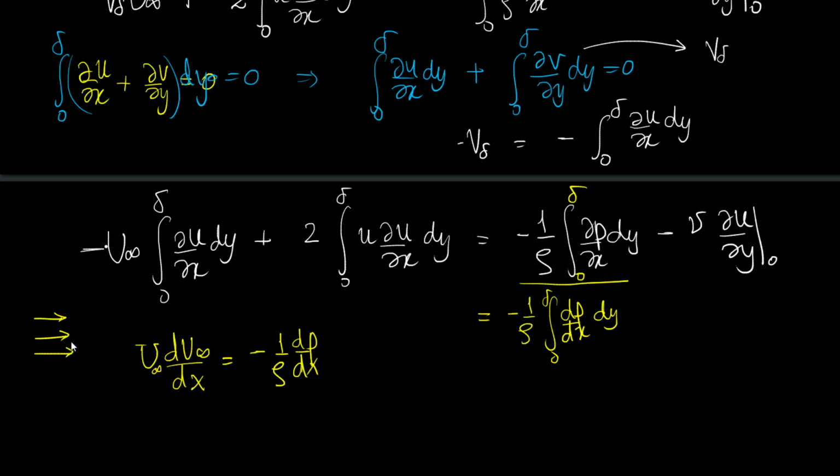It can vary in x, but the ideal flow outside the boundary layer is unidirectional. If it is not unidirectional, that would lead to a v infinity component as well, but we are taking this unidirectional. So this particular term can simplify to what? This will become integral 0 to infinity u infinity du infinity dx dy.